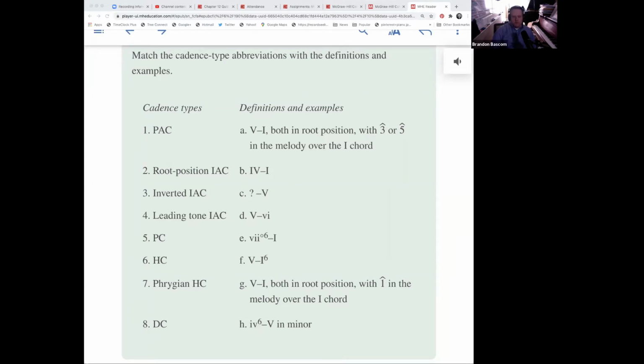What's 7-1? What is 7-1? 7-6, I guess. Is that the inverted IX? It's a leading tone. Oh, yeah. Right. I think you were right. It is the leading tone IAC.